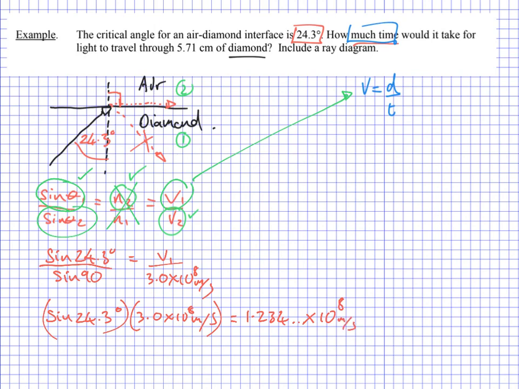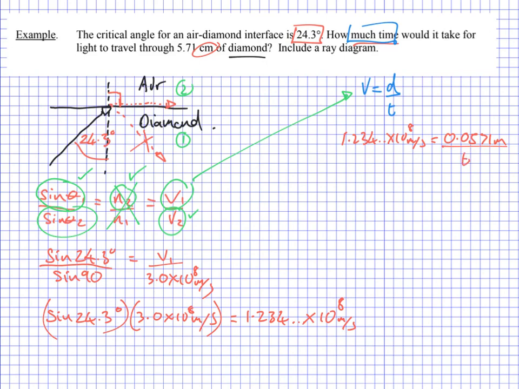I'm going to use that up here, so I'm going to say 1.234 times 10 to the 8 meters per second is equal to the distance, which is 5.71. Well, that's centimeters, so I need to convert that into meters. So let's just redo that as 0.0571 meters over the time.